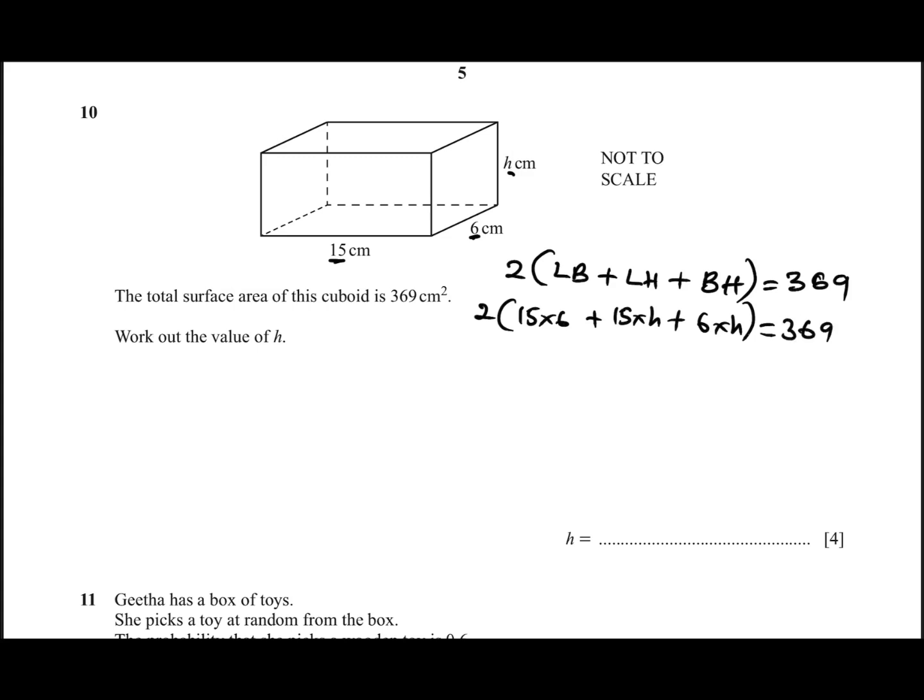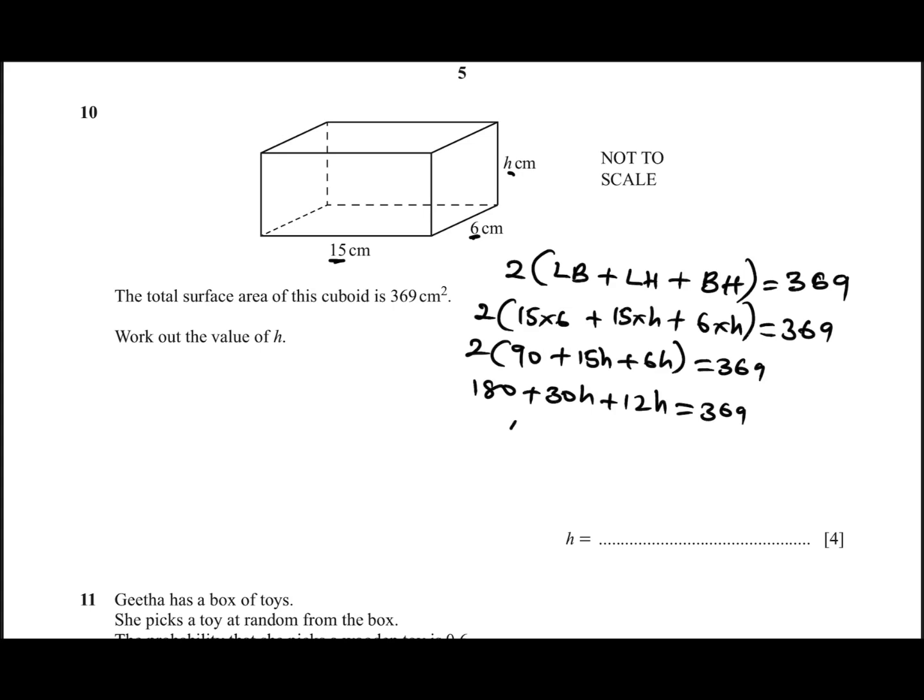369. So what we need to do next is 2 into bracket 15 times 6 is 90, plus 15h plus 6h equals to what? 369. So we can just open the bracket. That will be 180 plus 30h plus 12h equals to 369.